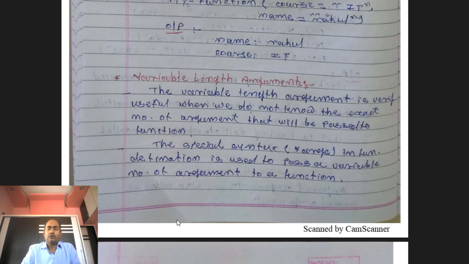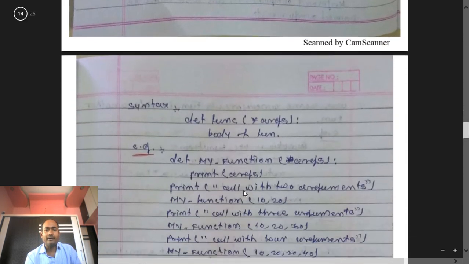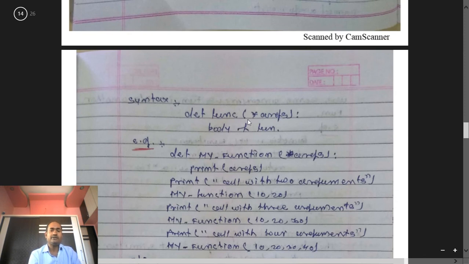To handle variable length arguments, star args is used. Look at the syntax: the def keyword, func is the name of the function, then in brackets star args, then a colon and the body of the function.